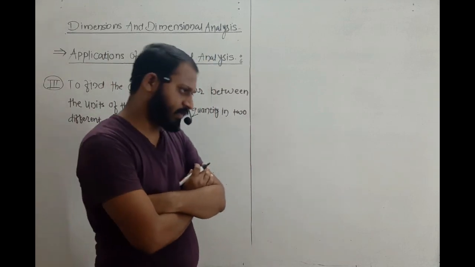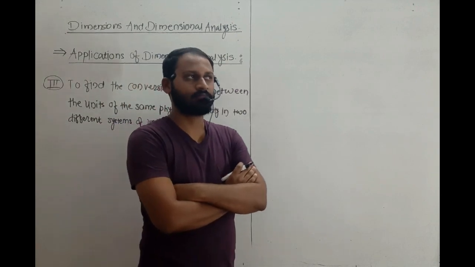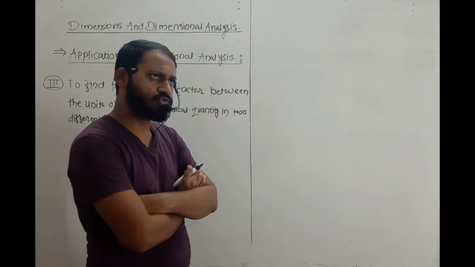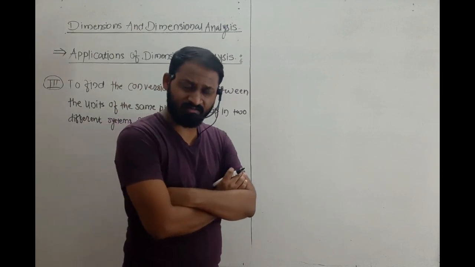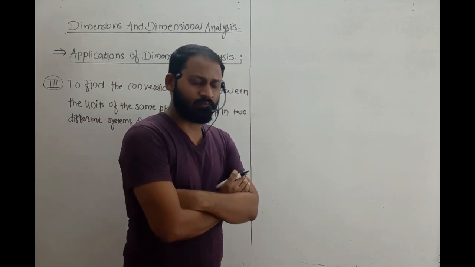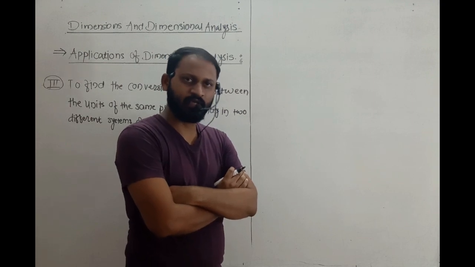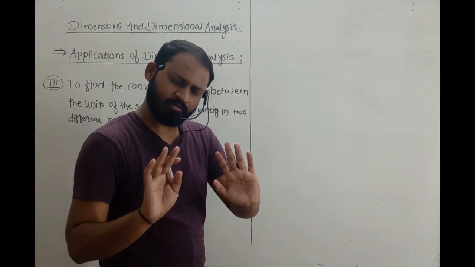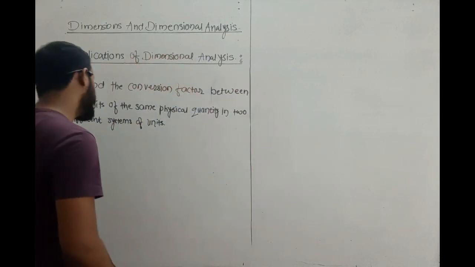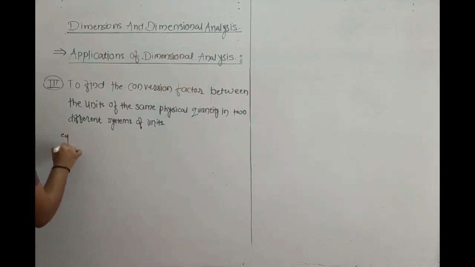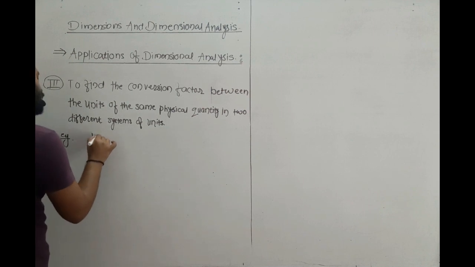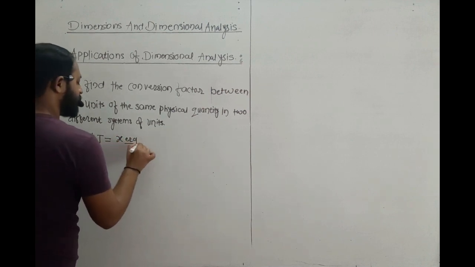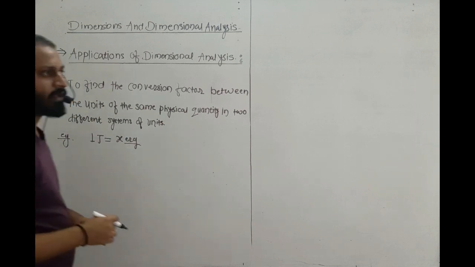Okay, this conversion factor we know. Sir, but I don't know the conversion of 1 joule equals how many erg? Sir, I know the joule unit is for work done. Okay, fine. You know this? Okay, I will find it. Now see, our aim is to find the conversion between 1 joule equals how many erg.